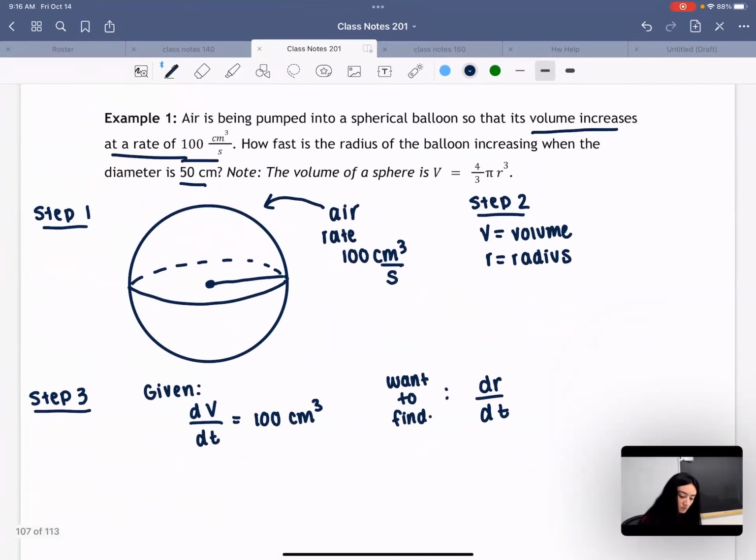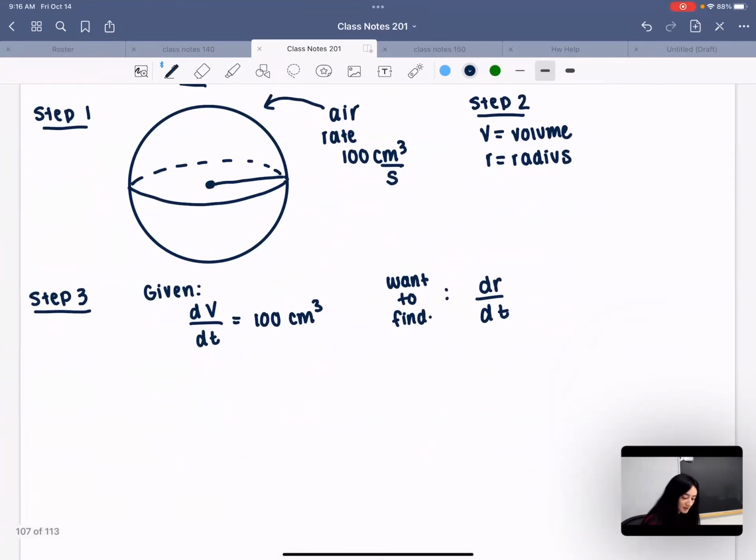Okay, as we continue reading this question, it's asking us how fast the radius is increasing when the diameter is 50 centimeters. So I want to find dr dt when the diameter is 50 centimeters. Okay, well, I'm interested in dr dt and it's telling me what the diameter is.